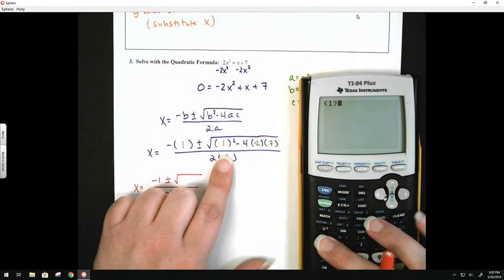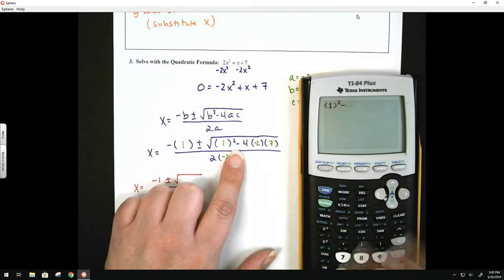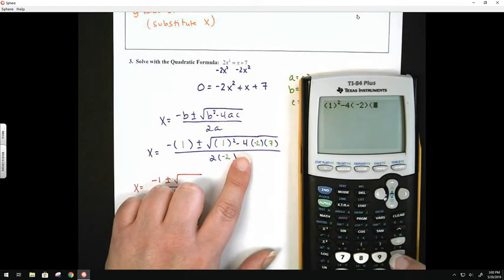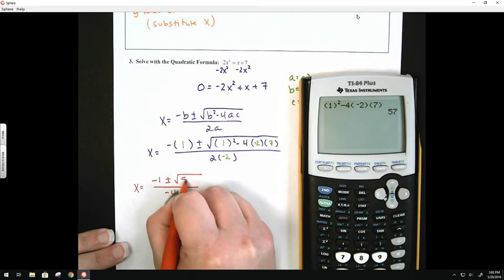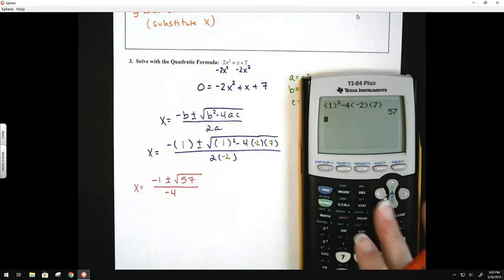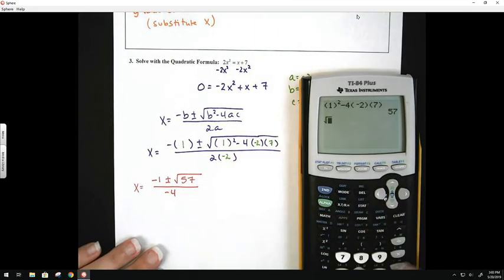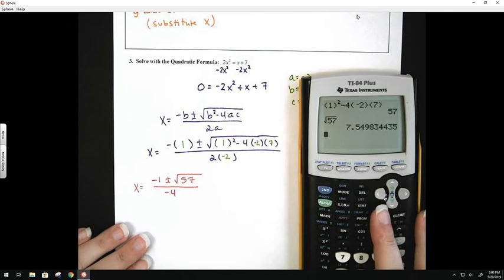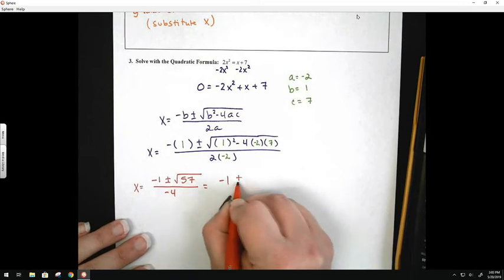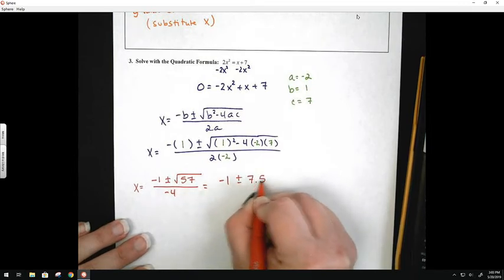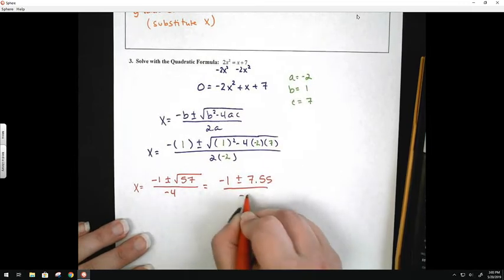So 1 squared minus 4 times negative 2 times 7, and we get 57. Now we're going to do the square root of 57 in our calculators, and we get 7.55. So this is negative 1 plus or minus 7.55 all over negative 4.